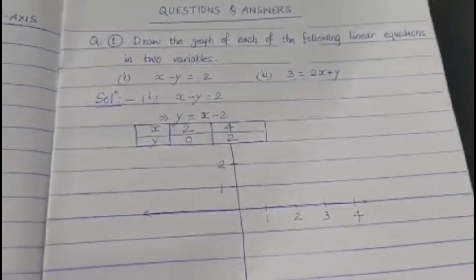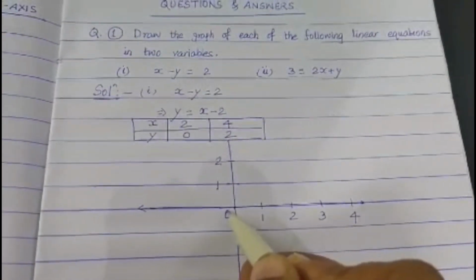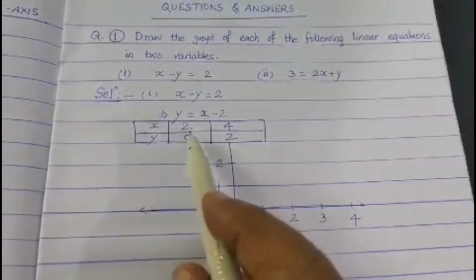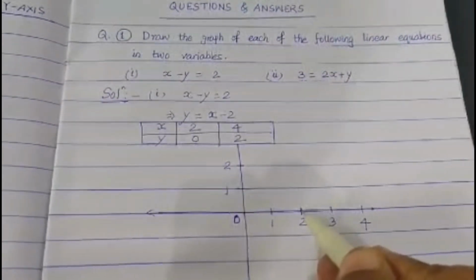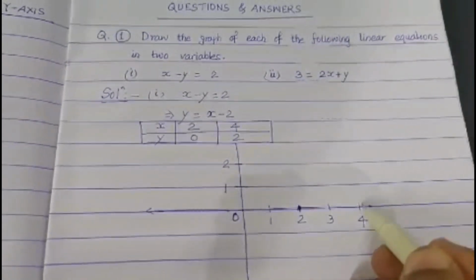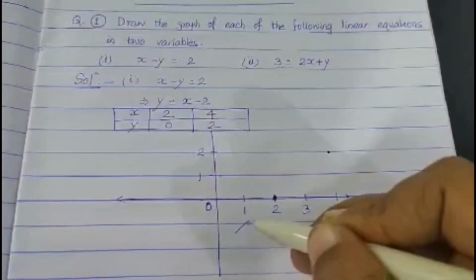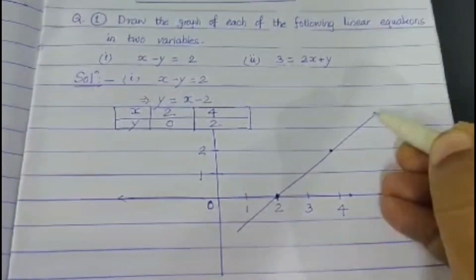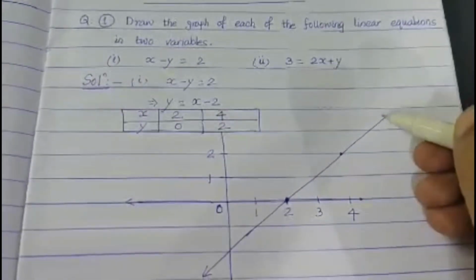Okay, we don't need the negatives, so let us focus on the positive values only. So for x equal to 2, y equal to 0, that means this will be the point 2, 0. Second one is x equal to 4 and y equal to 2, so this will be the point. So we will join these 2 points like this, and we will extend it in both the sides.